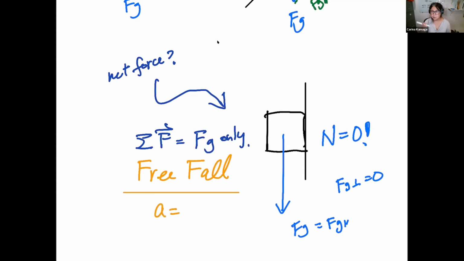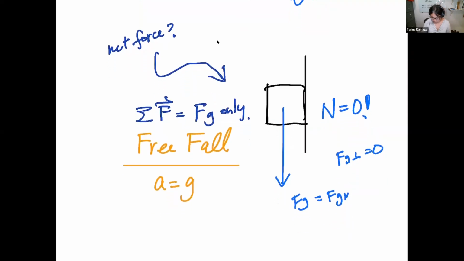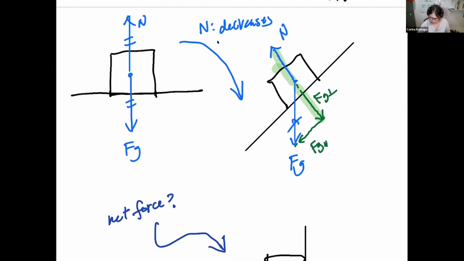Acceleration equals g. And you can see that. Let's look at the acceleration here on the inclined plane. Acceleration is equal to net force over mass. But in this case, the motion is in this direction, parallel to the surface. The acceleration on the perpendicular component is obviously 0. But there is acceleration on the parallel component that's equal to the net force on the parallel component divided by its mass.